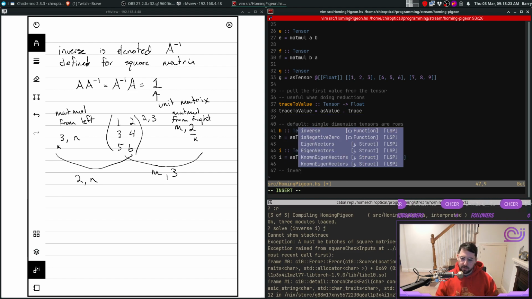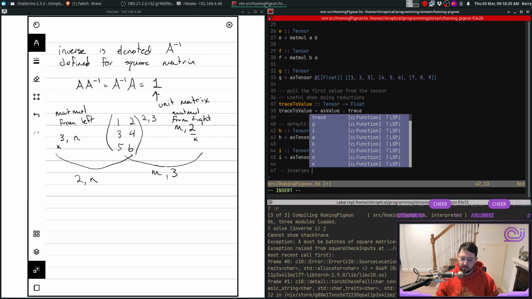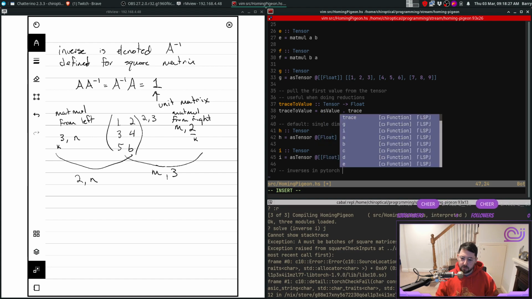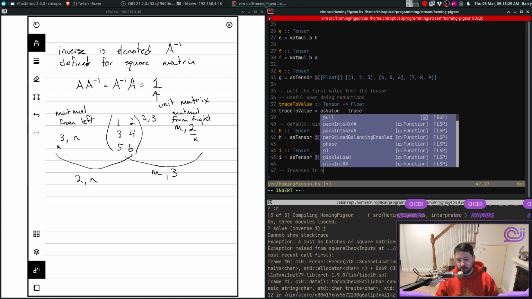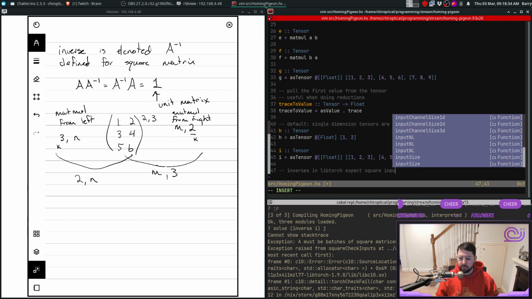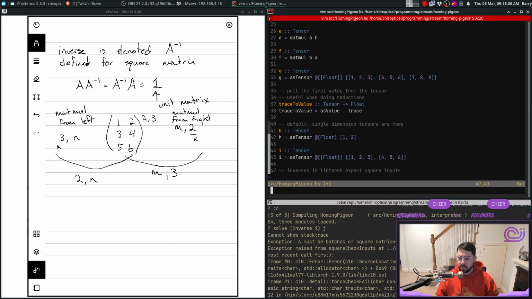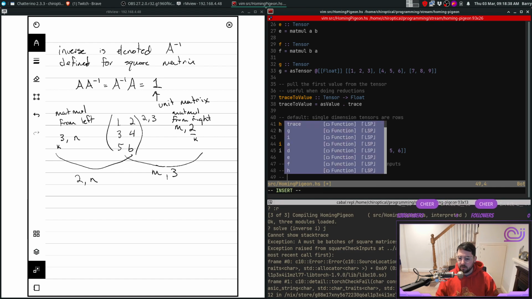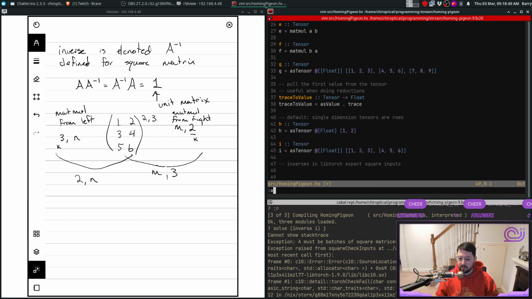So inverses in PyTorch libtorch expect square inputs. So I think you have to use some other linear algebra magic to compute inverses, I would guess, which is fine.